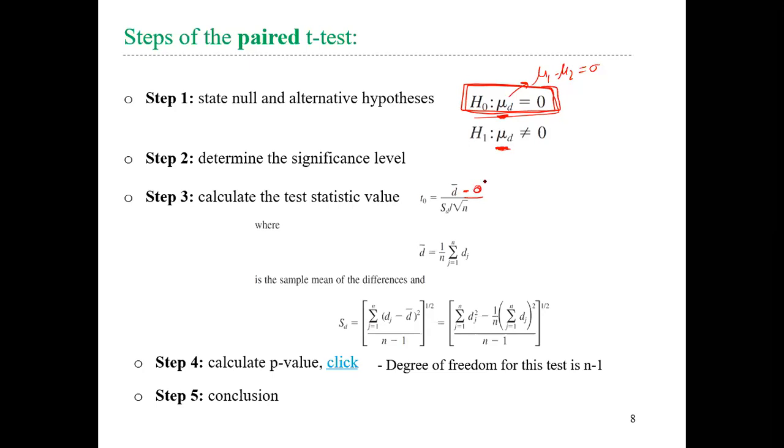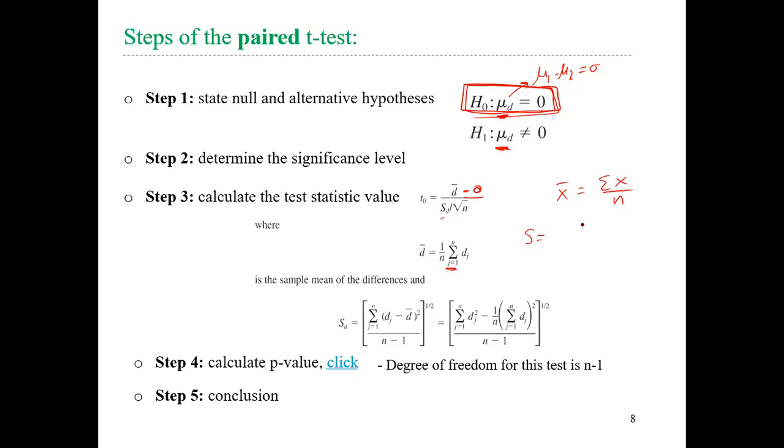It is d bar, the average of the differences, divided by the standard deviation of the differences divided by the square root of n. How do I calculate d bar? It is the sum of differences divided by n. How do I calculate the standard deviation? It is the same formula. Remember, x bar is the sum of x divided by n, but the x's are d in this case.